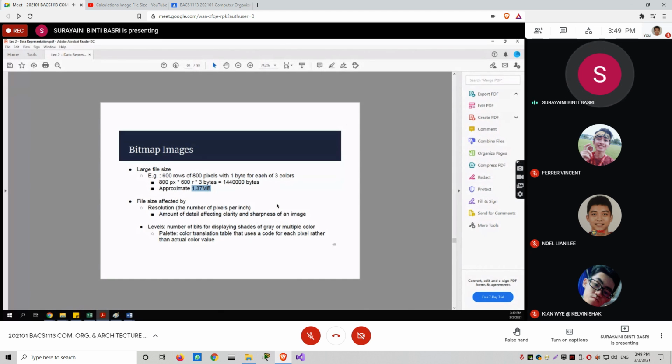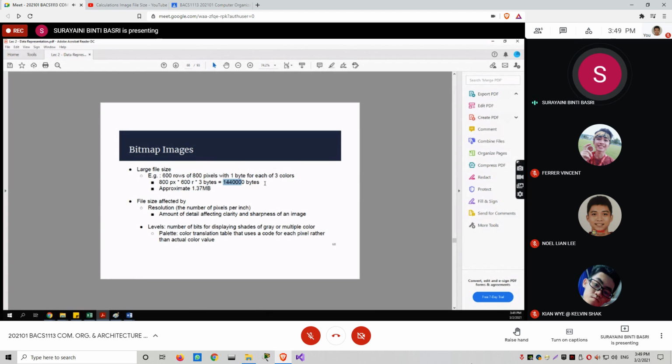Okay, you guys can try it. For example, this one, you already get it in bytes. So, calculate. 1440000. Okay, so divide by 1024. So you will get 1406.25.